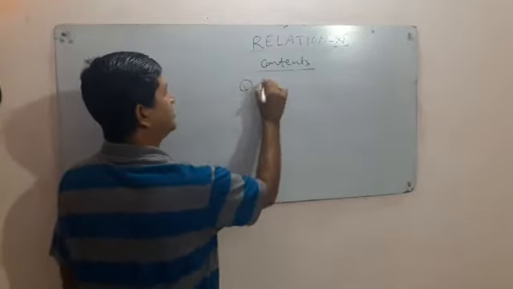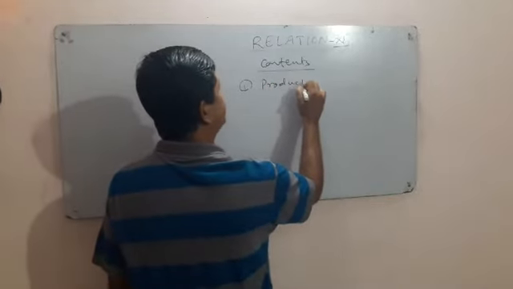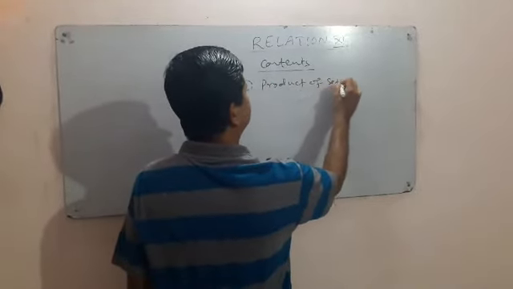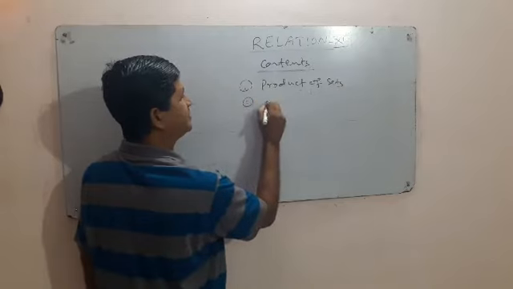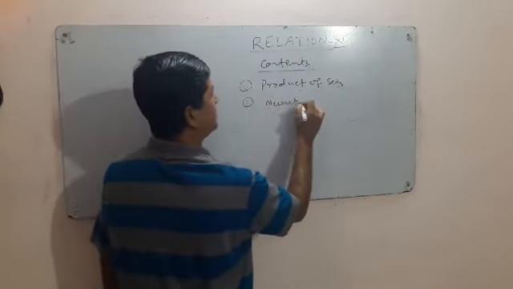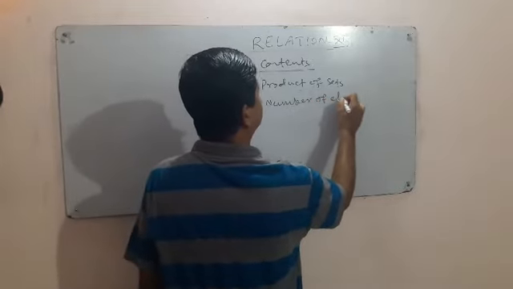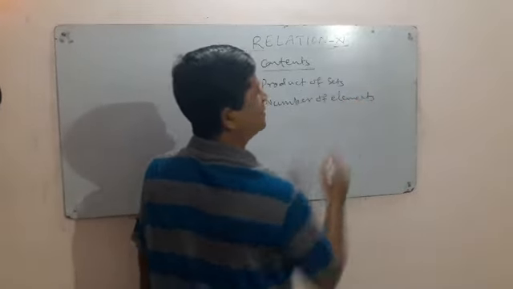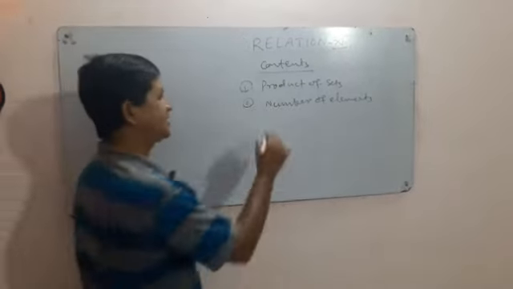First bit, product of sets. Second bit, number of elements in product of sets.